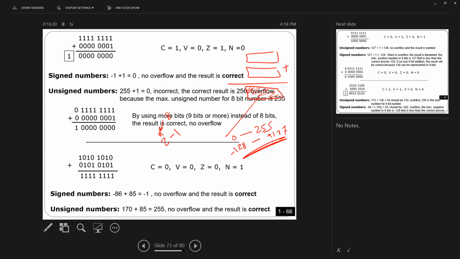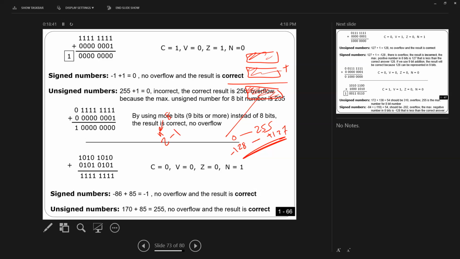Okay, guys, let me ask you a question. If I add two numbers, may it happen that the result is greater than 255? The answer for sure is yes, because when you add, numbers can get bigger. You got what I'm saying? It may happen.